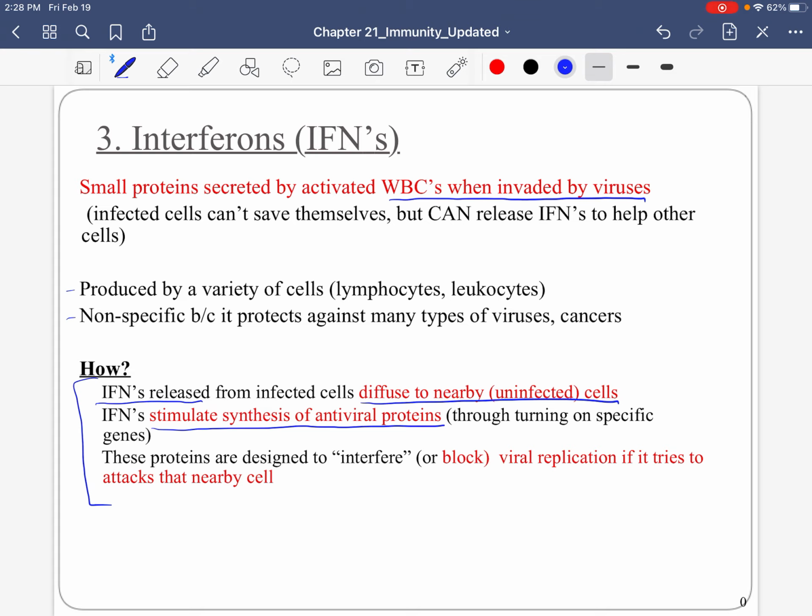And that was only able to happen because the already infected white blood cell released these interferons that told the healthy cells, hey, there's bad things around, you better produce this antiviral protein. Amazing. I mean, it really is amazing. And we're just scratching the surface. I am by no means an immune expert.